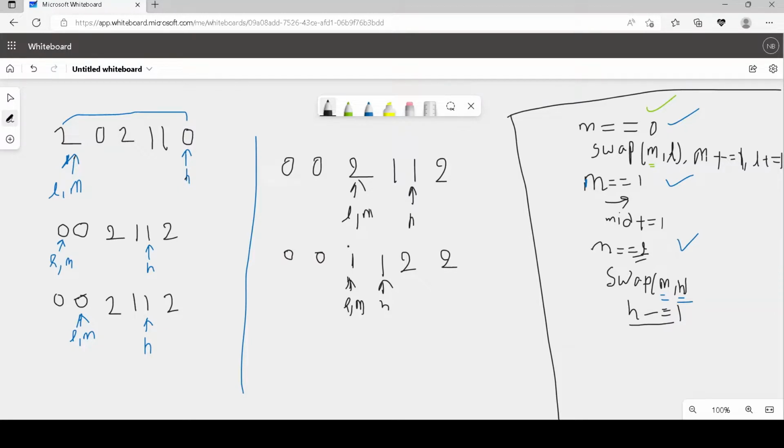Now the element at the mid pointer is 1. If the mid pointer is 1, I have to move forward, so I will increment my mid pointer by 1.